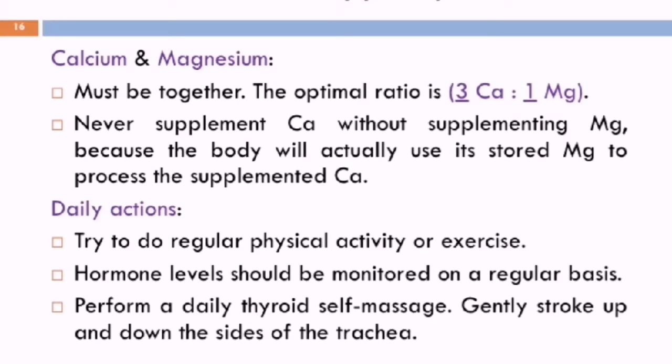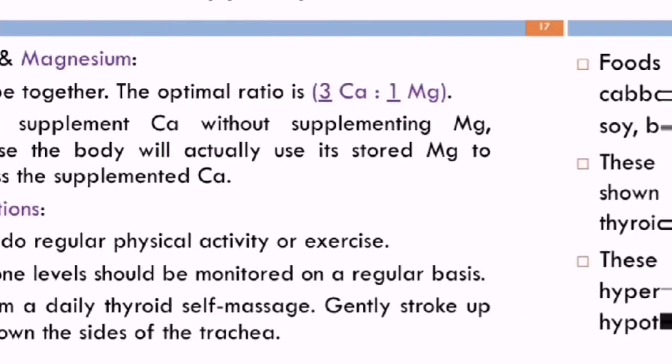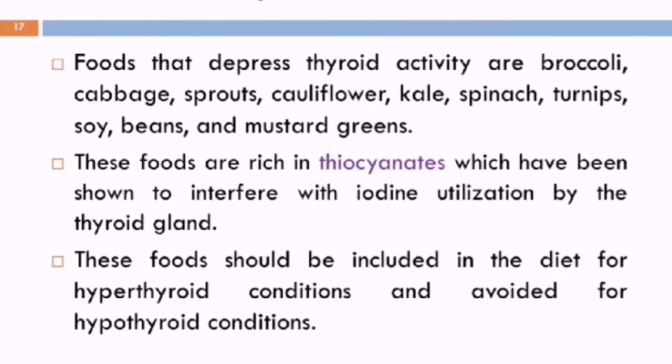Daily actions: try to do regular physical activity and exercise, and hormone levels should be monitored on a regular basis. Perform a daily thyroid self-massage, gently stroking up and down the sides of the neck. Avoid anti-thyroid foods as well.